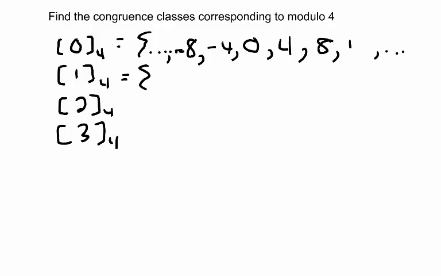Let's look at congruence class 1, modulo 4. We know that 1 will be part of the congruence class. And then we'll simply extend in both directions by increments of 4.